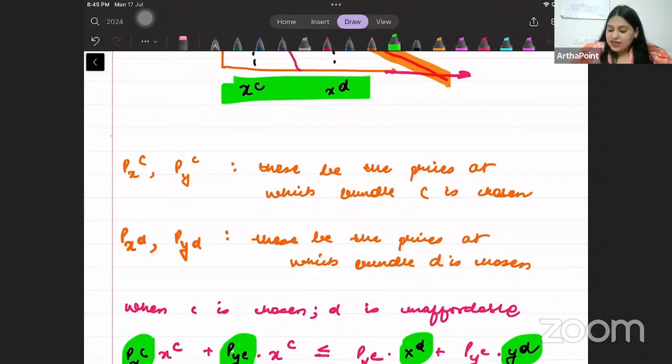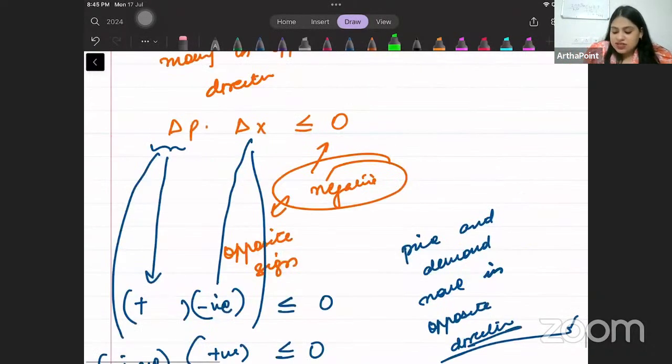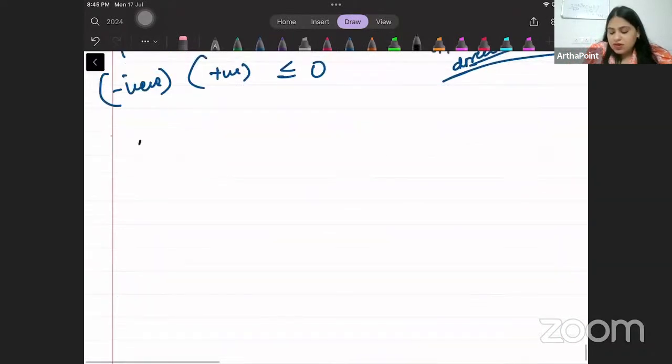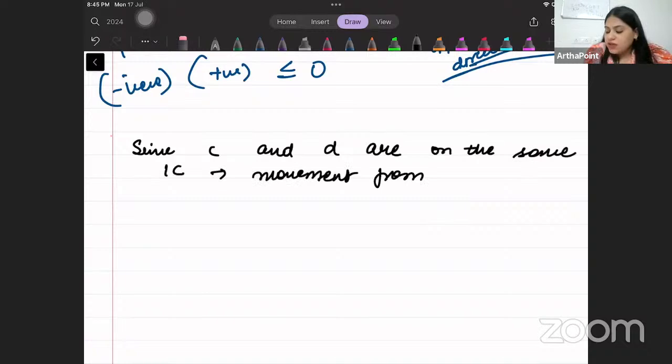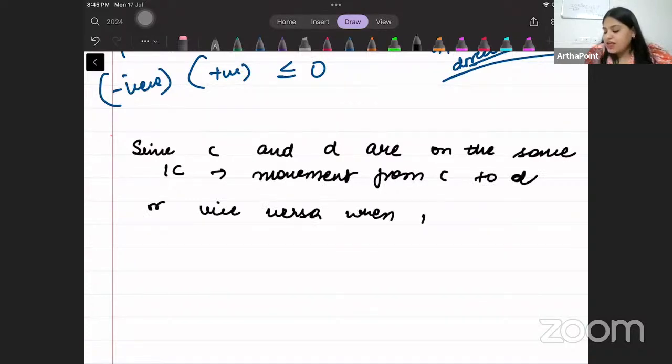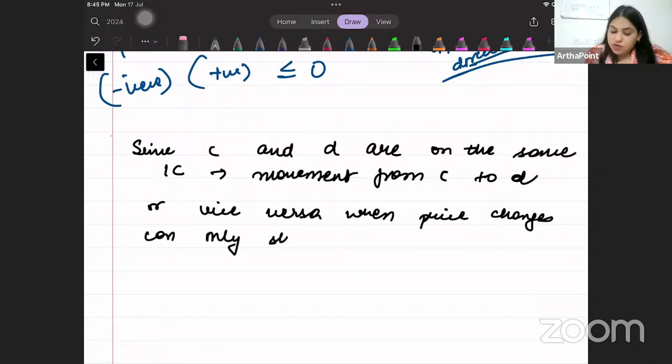So we can write that since C and D are on the same indifference curve, movement from C to D or vice versa, when price changes, can only show substitution effect.